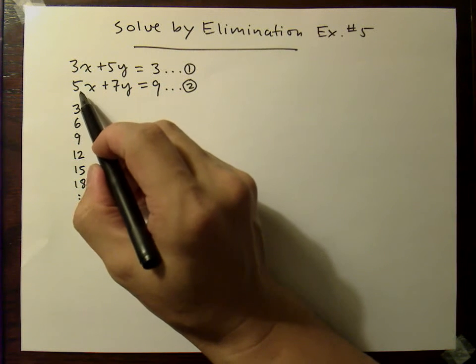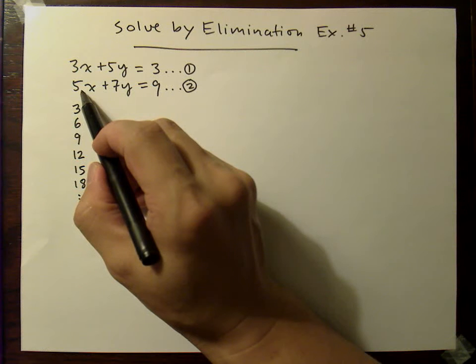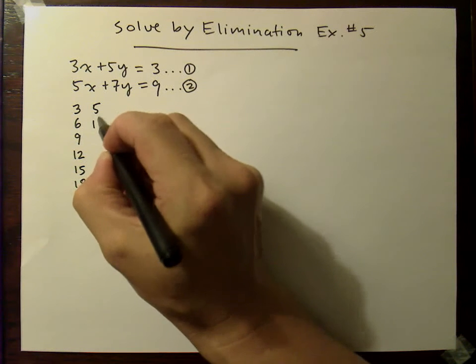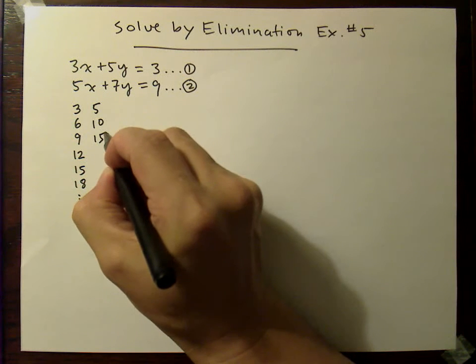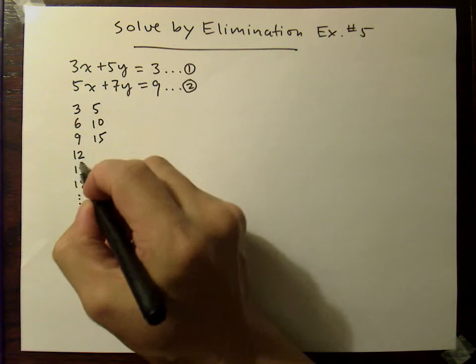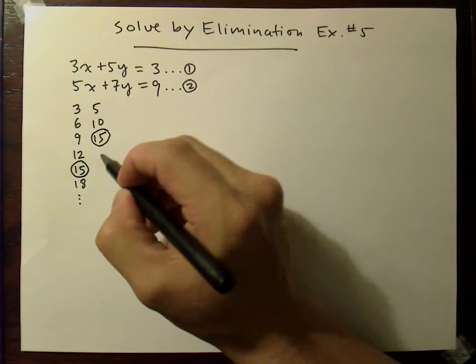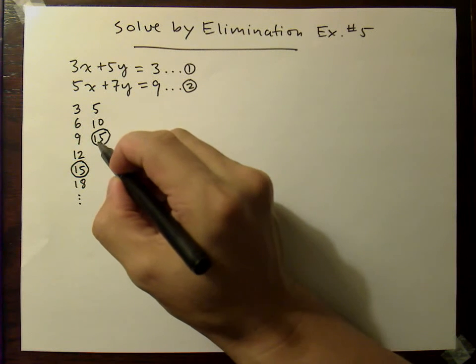Then, for equation 2, I do the same and look at the coefficient in front of the x here, which is 5. The multiples of 5 are 5, 10, 15. Wait a minute. It seems that 3 and 5 have a common multiple of 15.